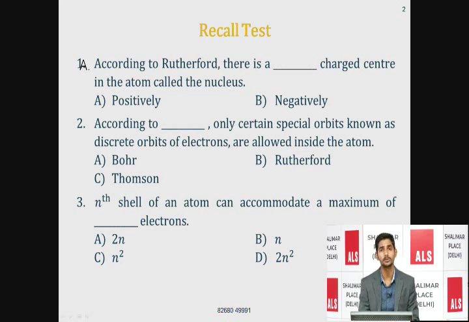So this was actually given by Bohr. The systematic arrangement of the electrons around the nucleus was given by Bohr. So it is the same statement: according to Bohr, only certain special orbits known as discrete orbits of electrons are allowed inside the atom. Okay. I hope it is clear to you. If not, you can please tell me.